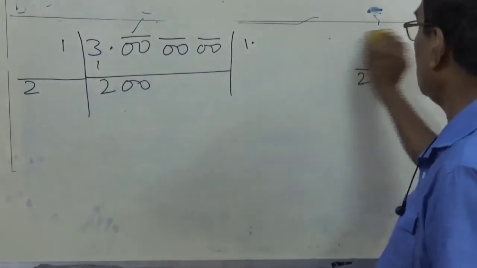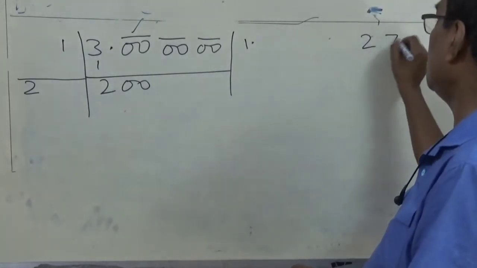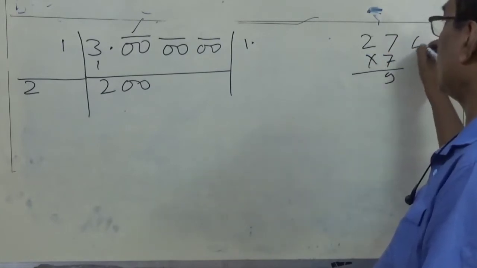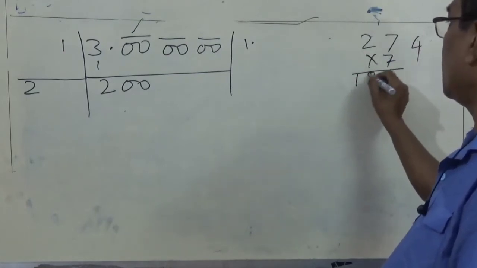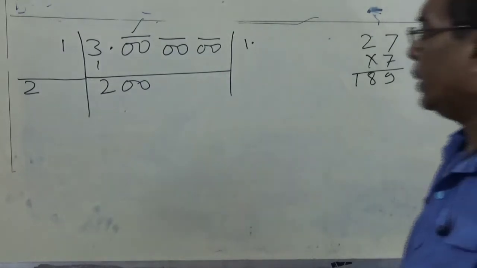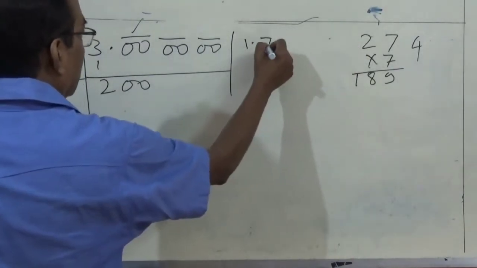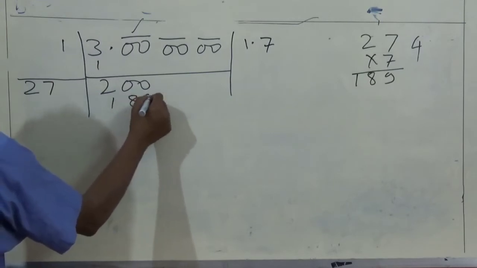Now take the test with 7. With 7, that is 27 into 7. 7 7s are 49, carries 4. 7 2s are 14, 14 plus 4 is 18. 189, which is less than 200, so it will allow here. 7 will be allowed here. 7, 7, and this is 189.